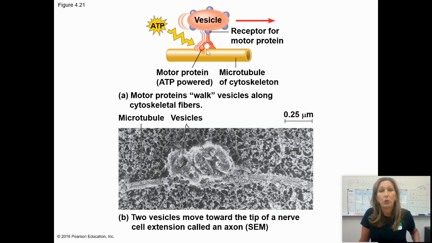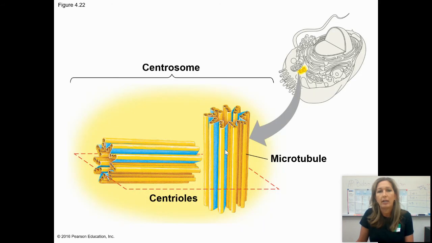Here's a cool picture of motor proteins that are moving across this microtubule of the cytoskeleton, kind of like a road, like, oh, we need to get to another location. And so the events that actually happen inside of a cell are pretty cool. But I just need you in general to recognize when I'm talking about cytoskeleton, I'm talking about fibers or tubules that are all proteins that help maintain internal structure. And they're different based on their size.